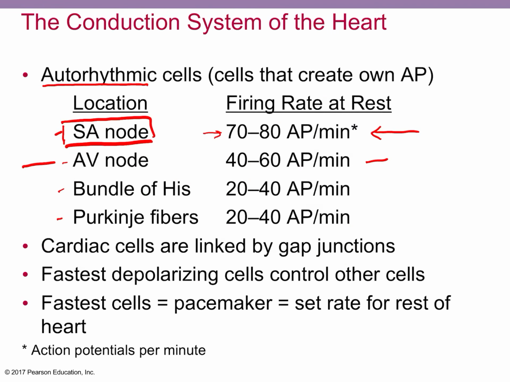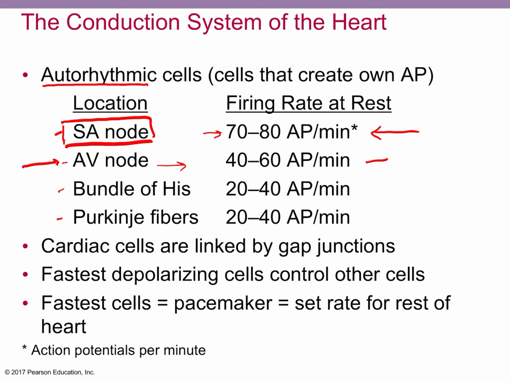And the reason why the conduction moves through the AV node a little bit slower is because the cells are actually tiny, really, really tiny cells. So they actually don't conduct impulses as quickly. And so the message from the SA node, when it gets to the AV node, as it creates its action potential, is slowed down.